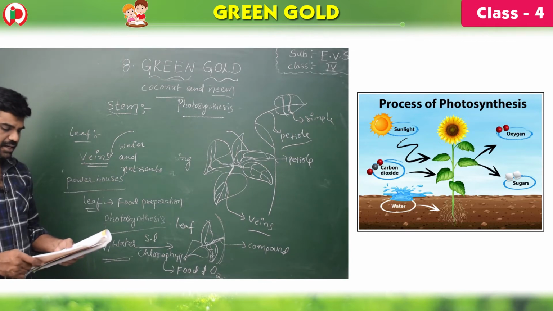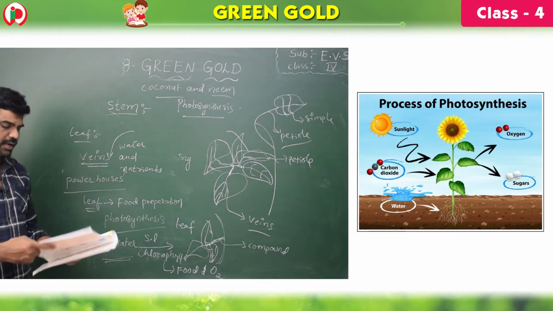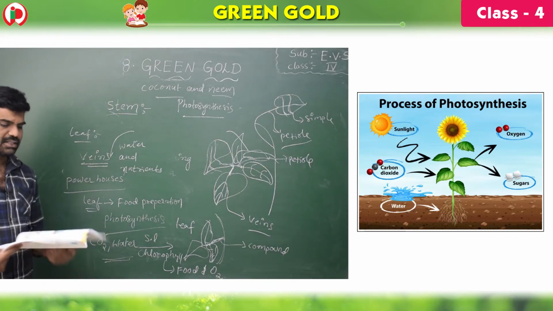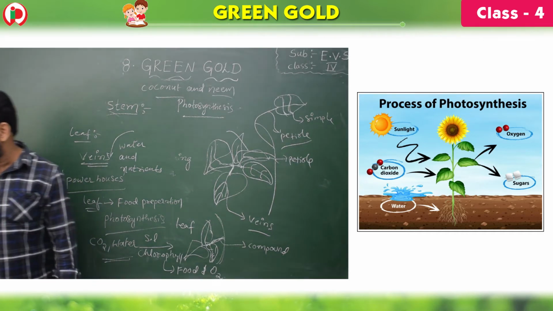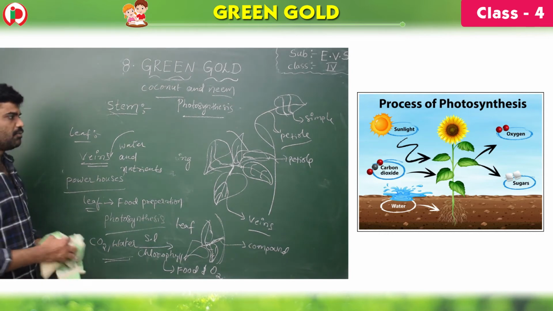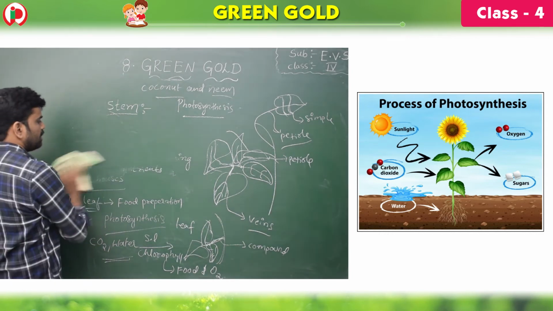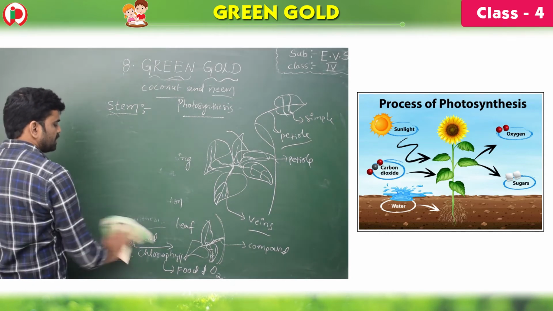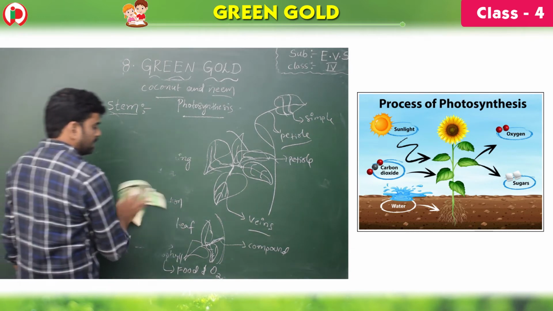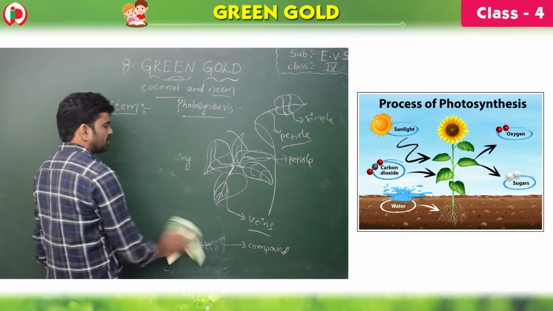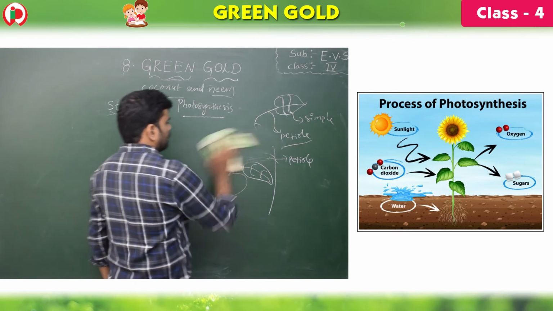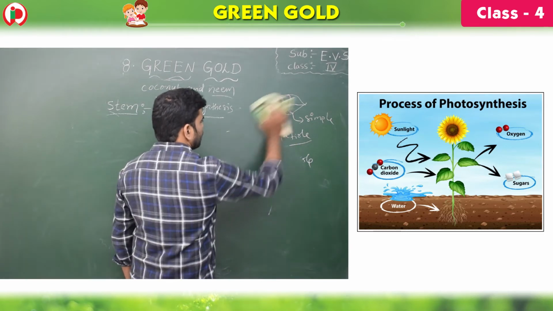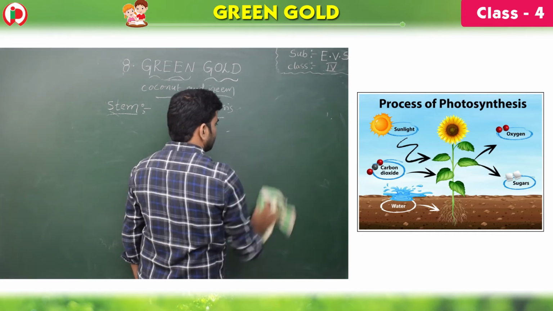Once again, children, I am going to explain photosynthesis. Photosynthesis is photochemical, so this reaction is based on light, and it is a chemical reaction also. The leaves are the factories of food production.